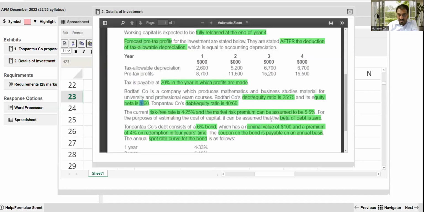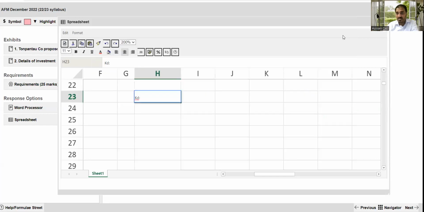But why? For KD, we cannot use the CAPM model because it is mentioned here that debt beta is 0. So here we will use the KD by valuation model.